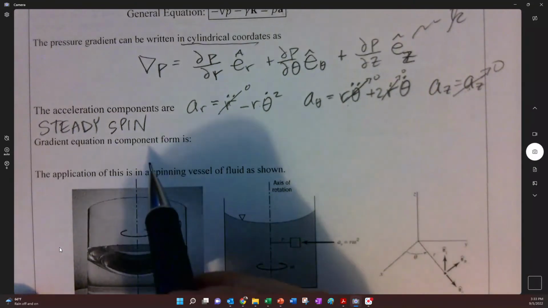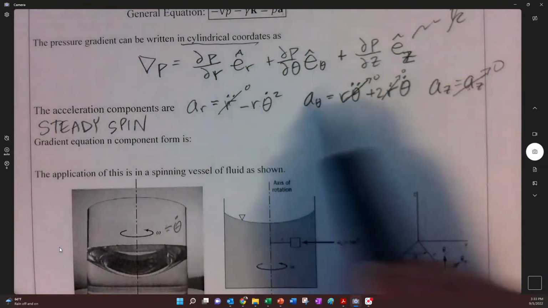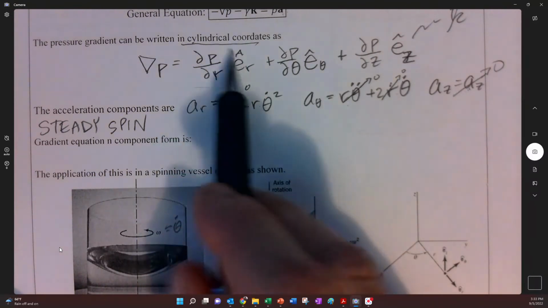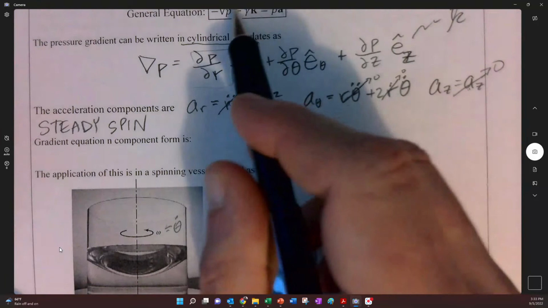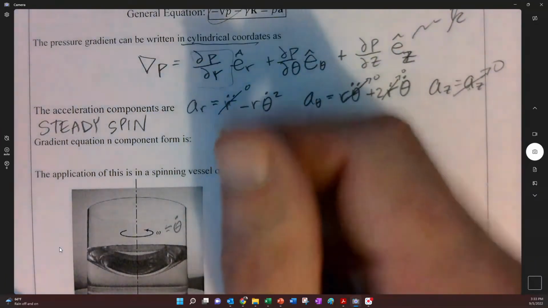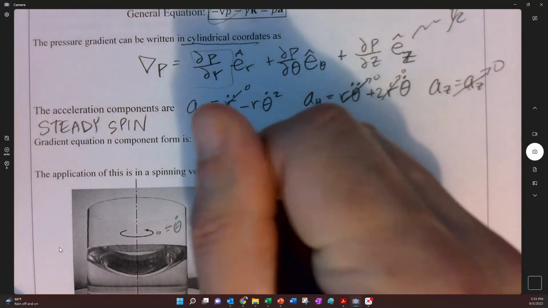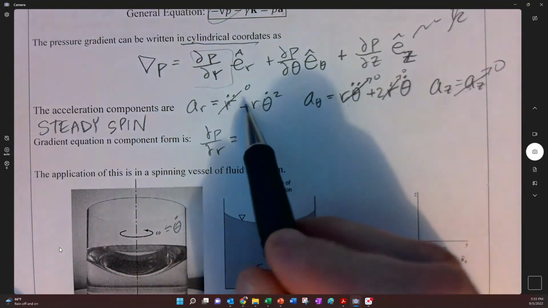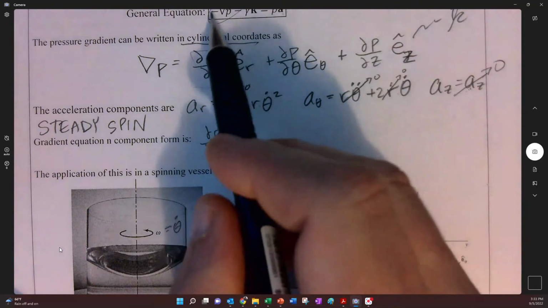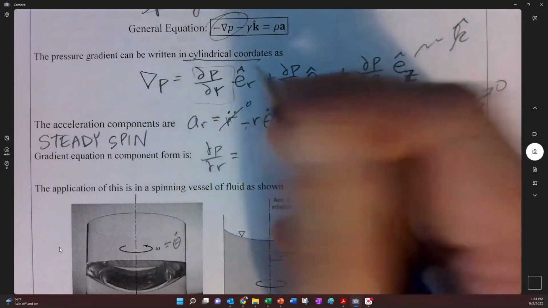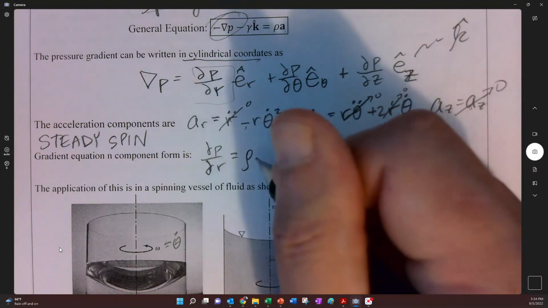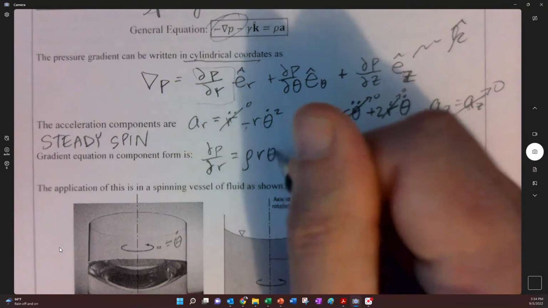So if you rewrote all these things in the gradient forms that we had up above, what we'd find is del P del r is going to be equal to, now this is no longer negative, because that was negative up above, the density times r theta dot squared.